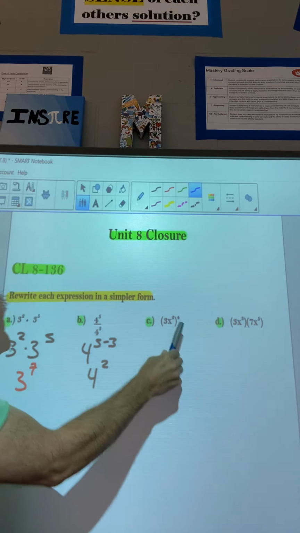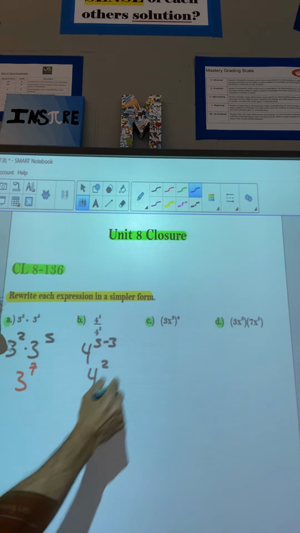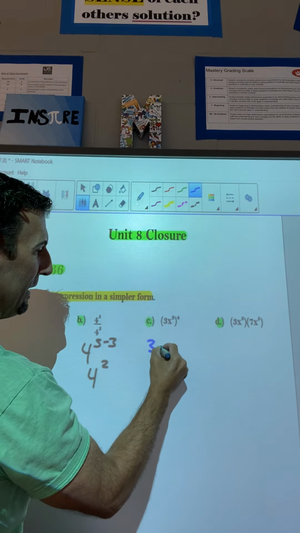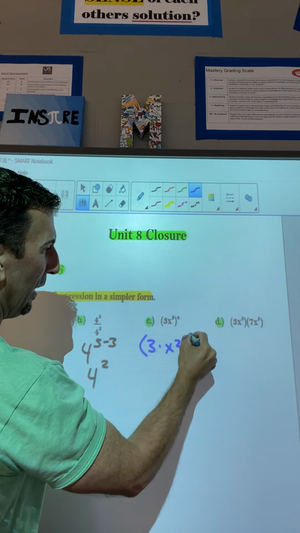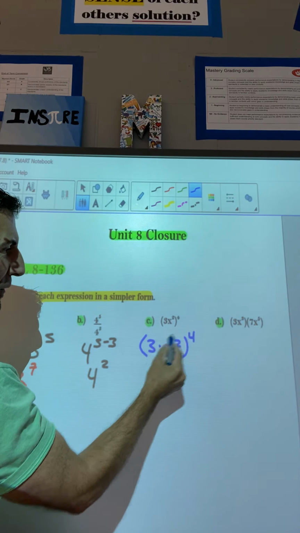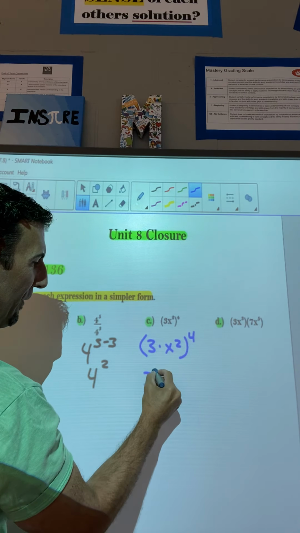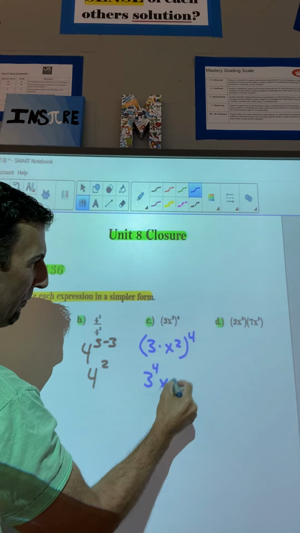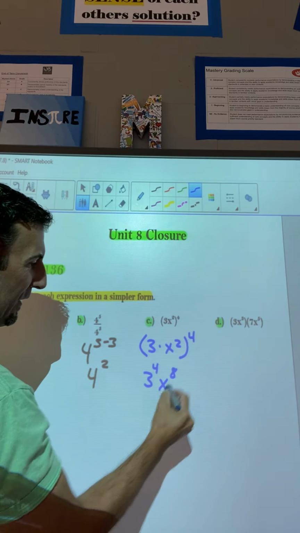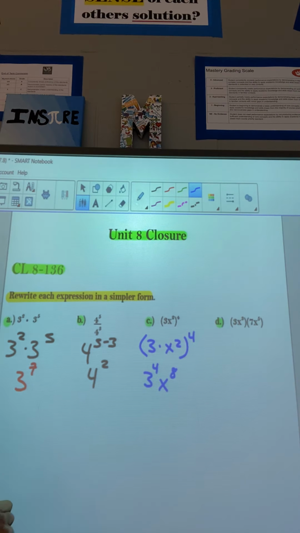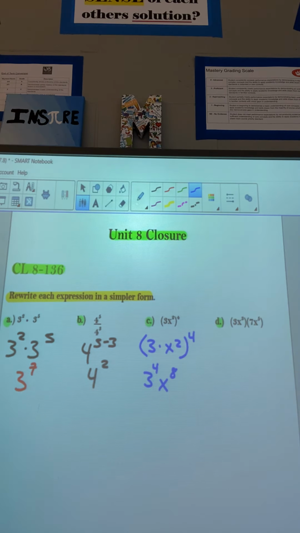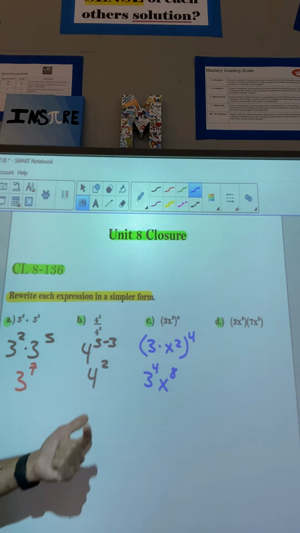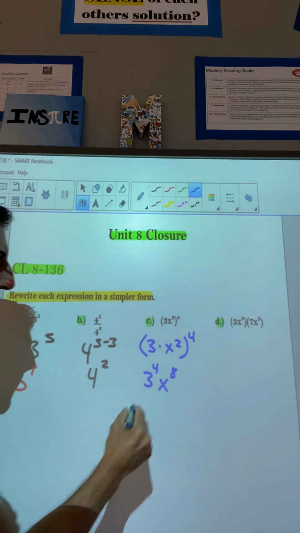On the next one, the 4 is on the outside. So we have 3 times x squared, and we're multiplying that by the 4. So this goes to both pieces. So we have 3 to the 4th power, and then 4 times 2 is x to the 8th power. Now for this one, I would do 3 to the 4th power: 3 times 3 is 9, times 3 is 27, times 3 is 81.